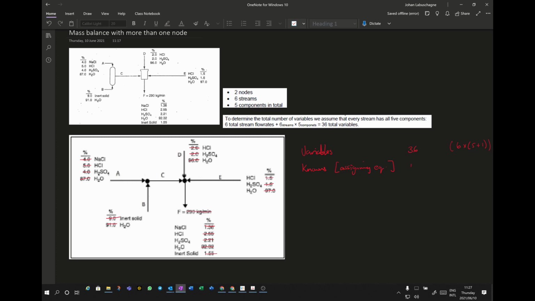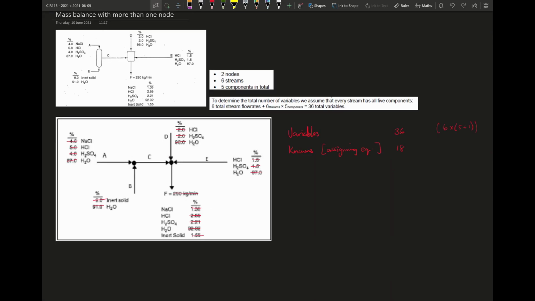So we can add this on here. And that is it. We now have a total of 36 variables, 18 knowns, and if we subtract these two from each other, we know that we have 18 unknowns.